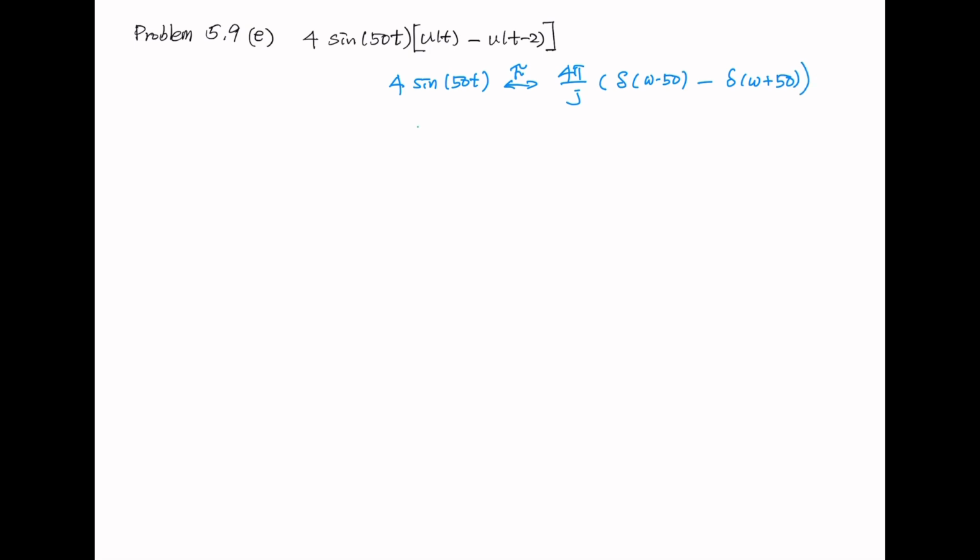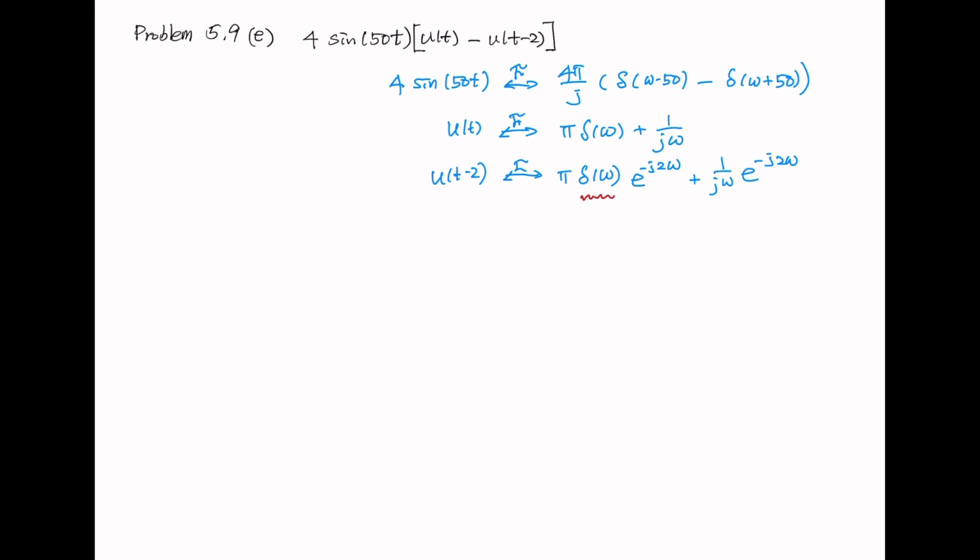And also we have a pair, u of t as pi delta omega plus 1 over j omega. Then using the time transformation property, u of t minus 2 will be pi delta omega e to the negative j2 omega plus 1 over j omega e to the negative j2 omega.